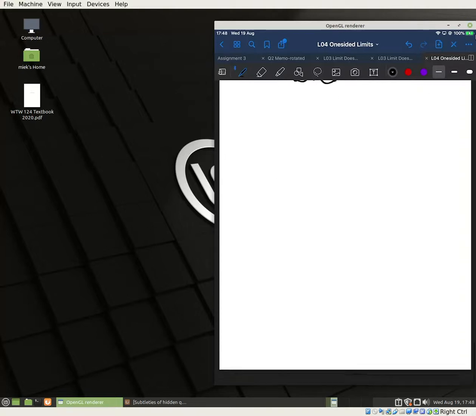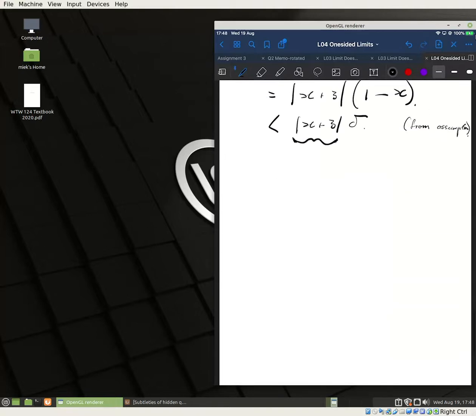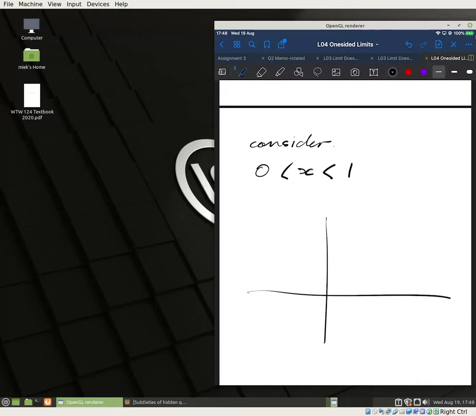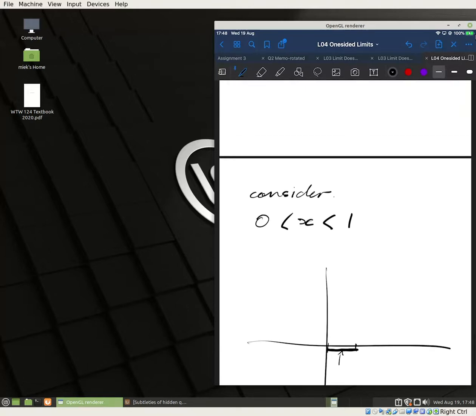And what is the obvious thing to do? I'm going to write it down here. So consider x to the left of 1 but to the right of 0. So what are we doing here? We are restricting our view to this interval here.